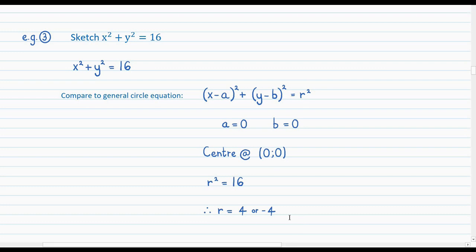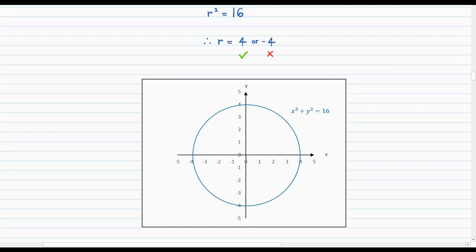And we know that a circle can't have a radius of negative 4, therefore the correct radius value is 4. We now have enough information to sketch the circle, and this sketch looks like this, where we can see the circle is centered at the origin, and the radius would be 4, because it goes out to 4 in all directions. And that's the first case related to the coordinates of the center point, this being the simple case.